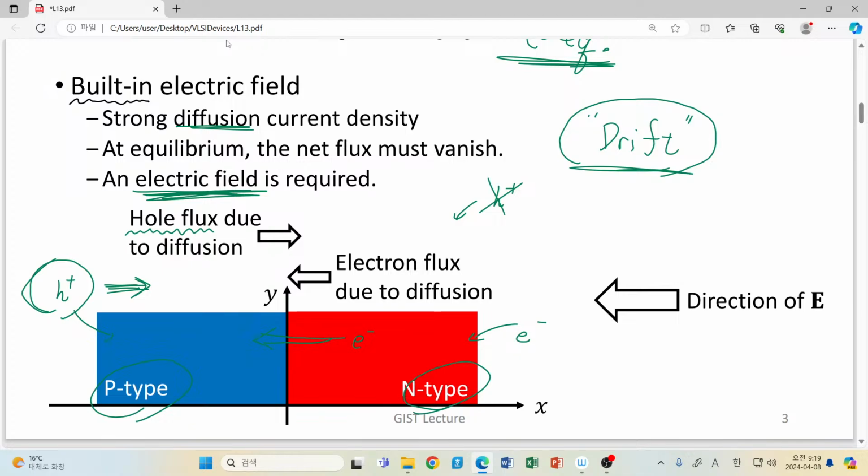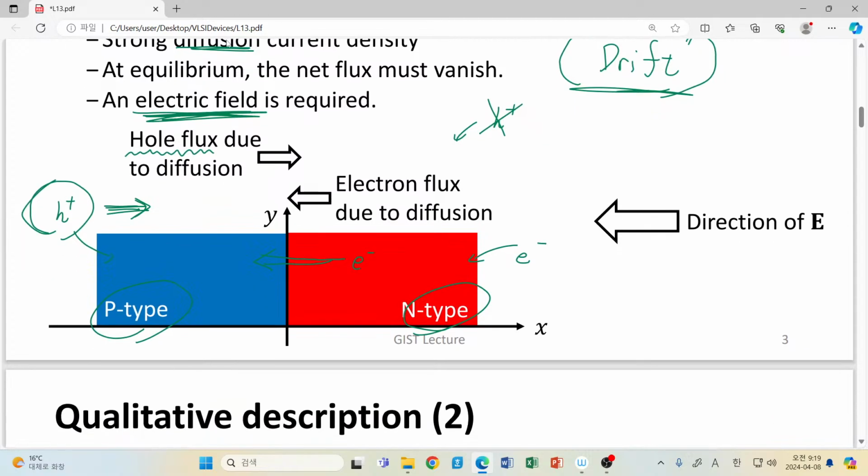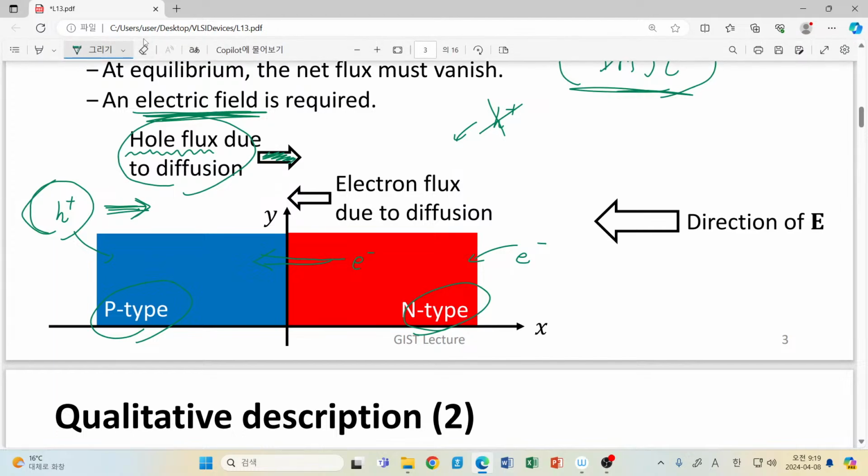Otherwise, our electrons will just diffuse and holes will diffuse. Now think about the direction of the electric field. Holes try to diffuse in this direction, so our electric field should push our holes back to the negative x direction.